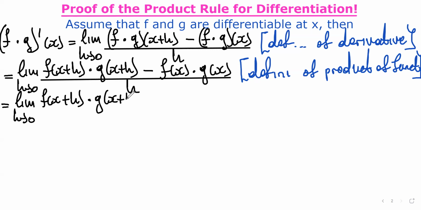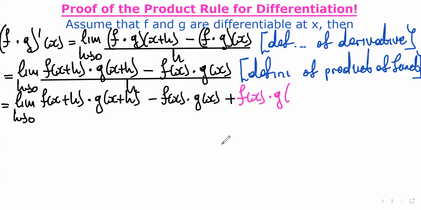Well, let's keep what we have exactly as it is, and let's go and define the 0 that we are now talking about. Well, this is how we define it, okay? So we are going to add the term. Maybe we can use a different color for that. So we are actually going to add a term here, which is f of x multiplied by g of x plus h.